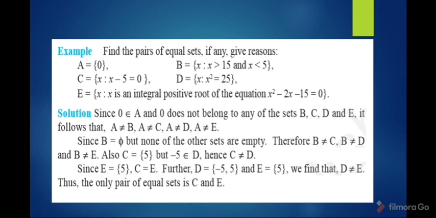As you can see, sets B, C, D, E do not contain 0, so A is not equal to B, A is not equal to C, A is not equal to D, A is not equal to E.